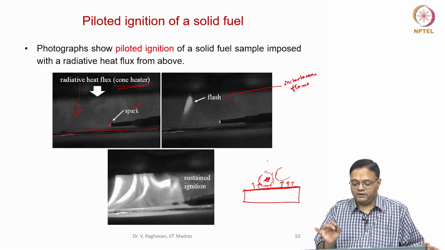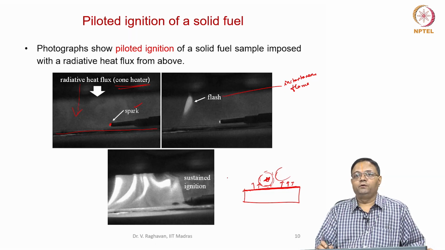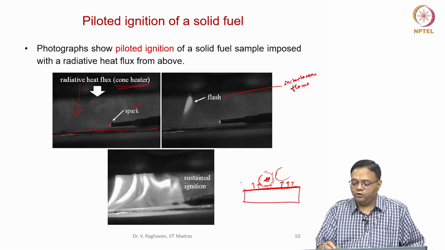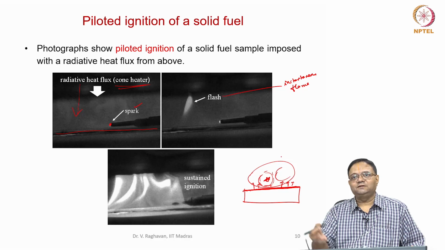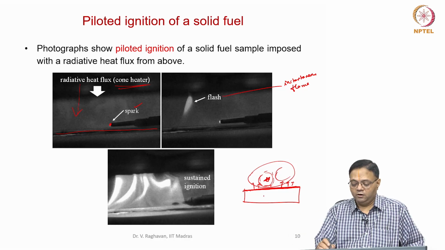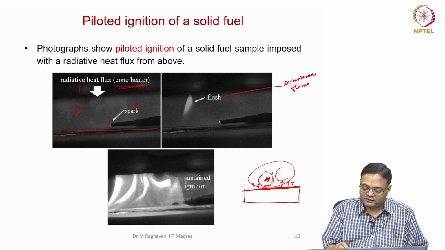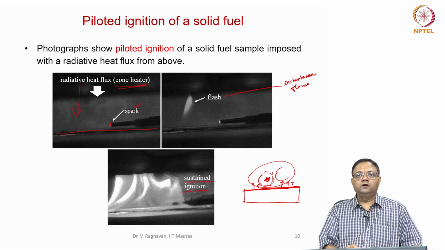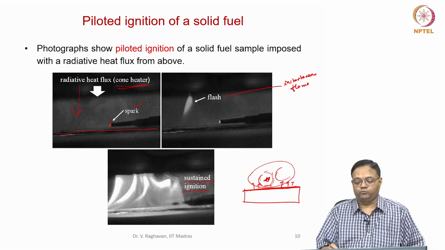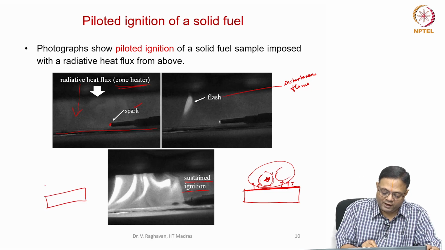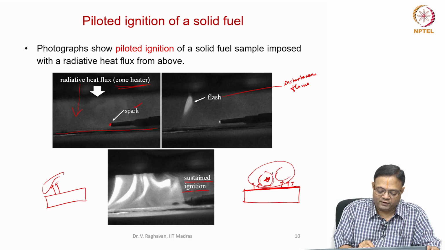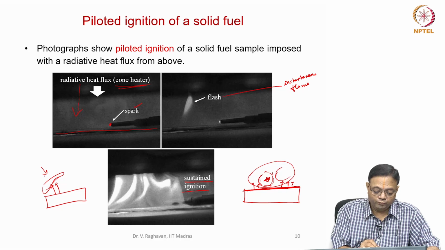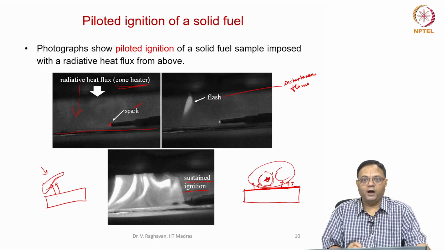So, at one particular stage, a lot of vapor will be available, and a good volume of the vapor and air mixture, and the spark will ignite it to form a sustained ignition. That is, a diffusion flame now forms over the solid, where the volatile gases from the surface go and feed the flame and the oxygen from the ambient comes to the flame from the ambient side, and this is sustained.